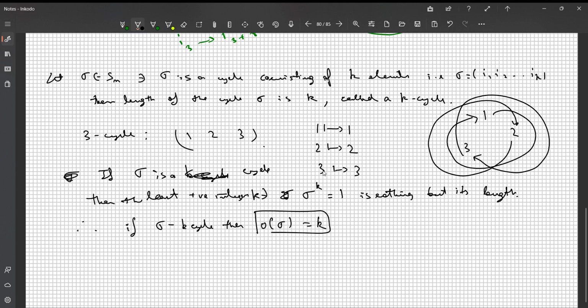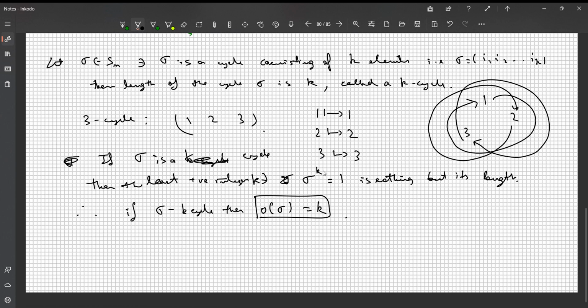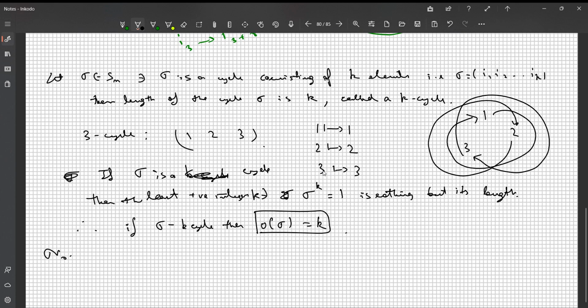And since it's the least positive integer, if sigma is a k-cycle, then the order of sigma is equal to k. Clear? I hope this is pretty clear.